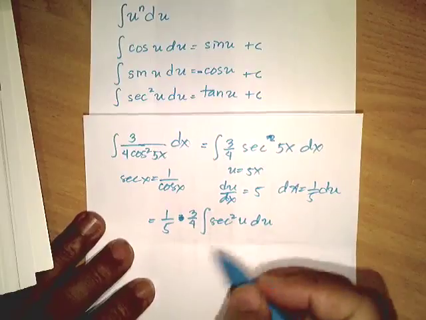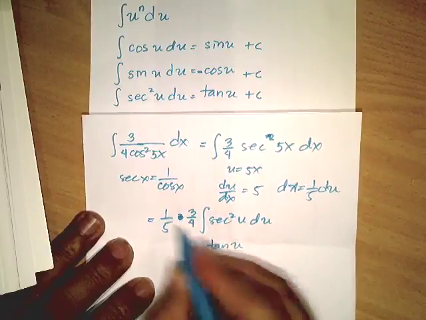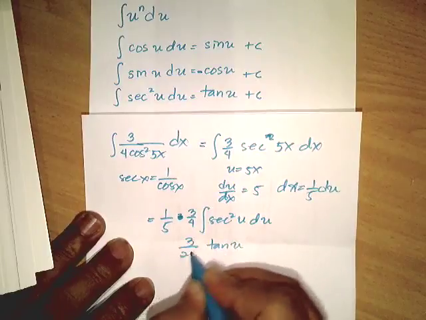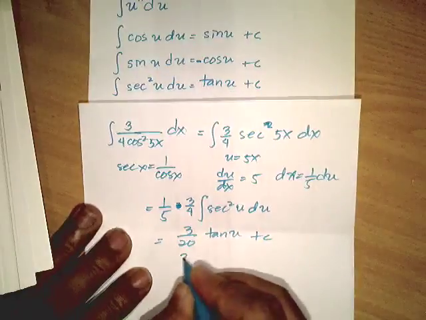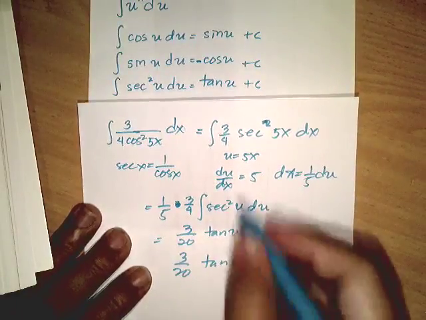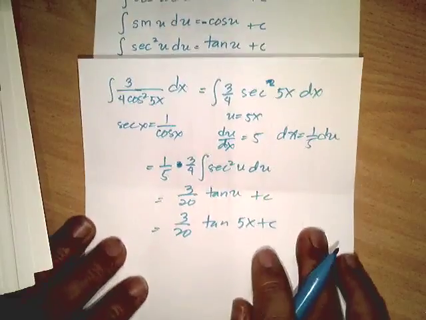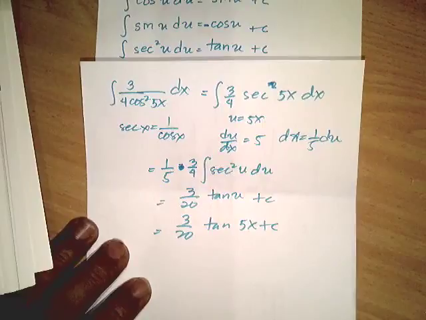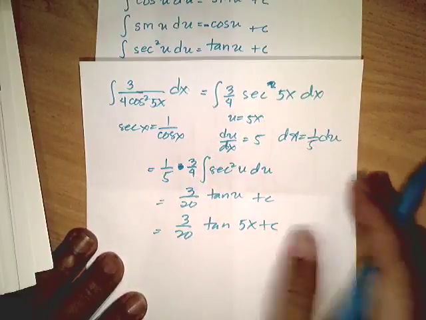The integral of secant squared is tangent u. So this is going to be 3/20 tangent u plus c, or 3/20 tangent of 5x plus c. Alright, so that's how you're going to do it.